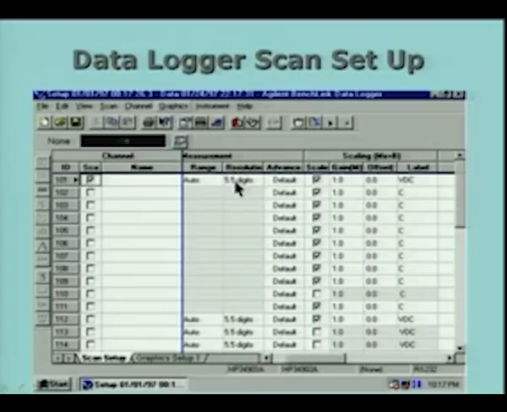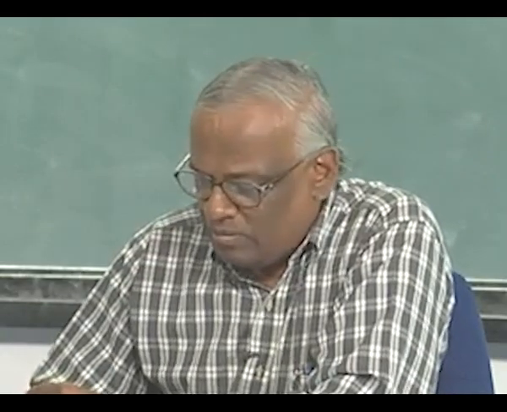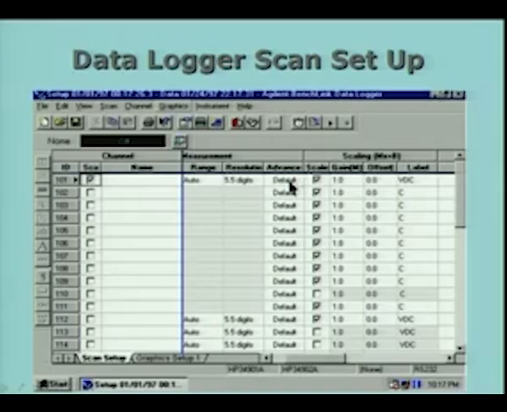The resolution, this is the most important thing. We have got 5.5 digits resolution. I will discuss it briefly on the board, and this happens to be the default for this particular channel. For all the channels the default is 5.5 digits. If you want to change it, you can change it to a lower value. And here you see the gain and the offset. Actually, this is nothing but your slope, for a straight line behavior this corresponds to the slope, and this will correspond to the offset or the intercept as we talked about.